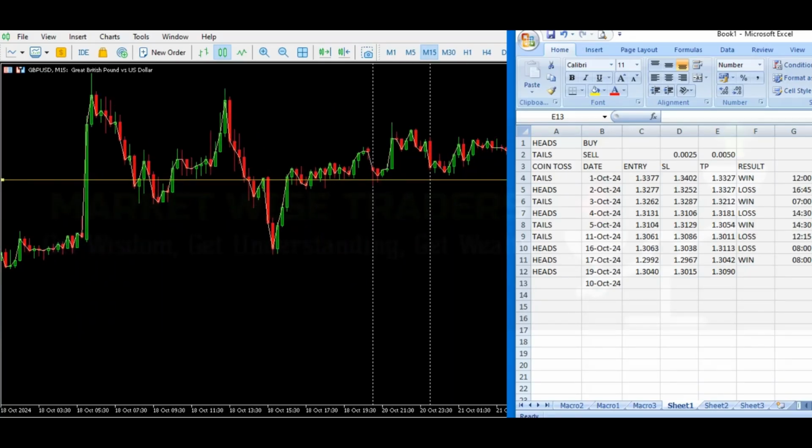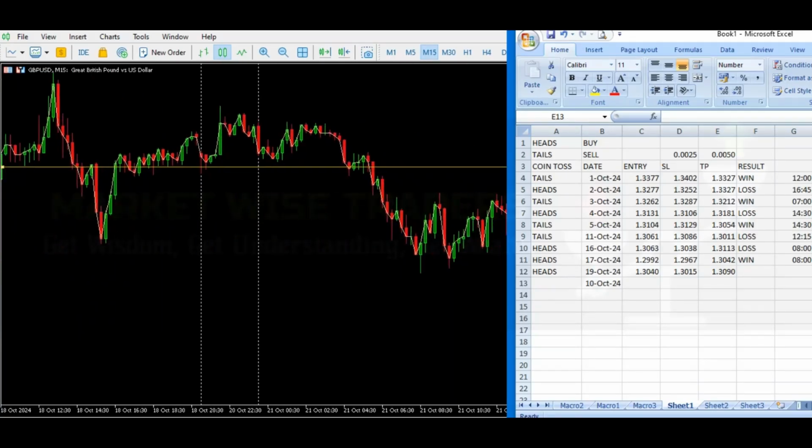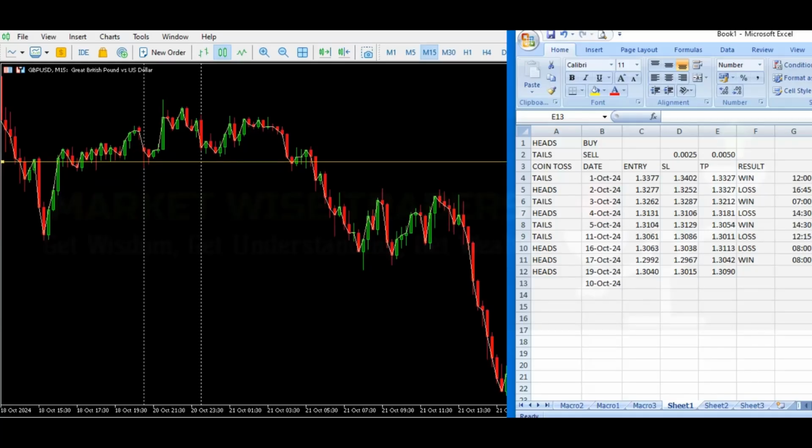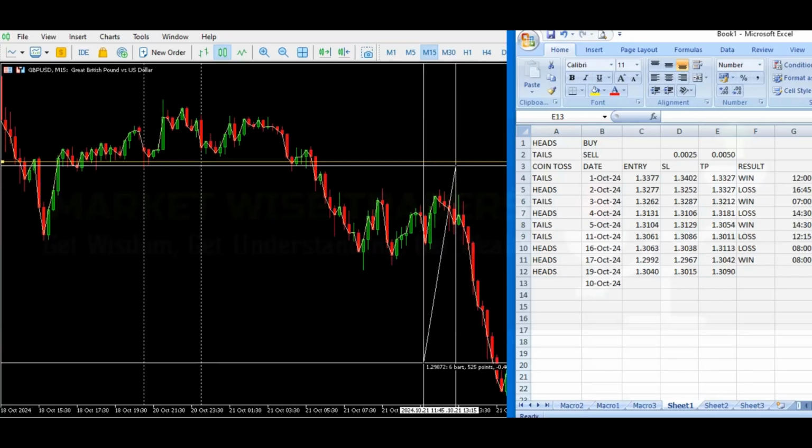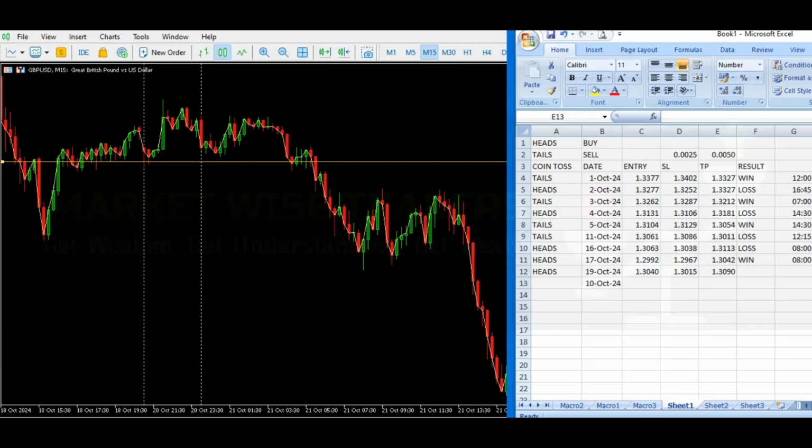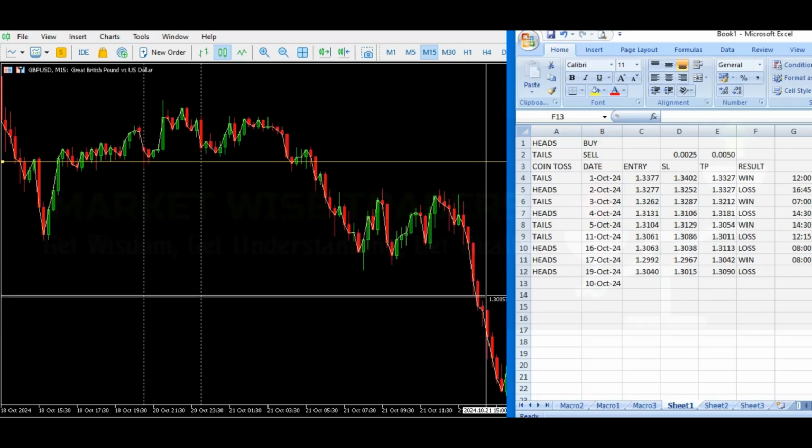It wanted to go up according to this entry. It's going down 100 pips. That's a loss, I'm sure. Yeah, that's a loss. Okay, and this loss came when? That's New York session, somewhere there.